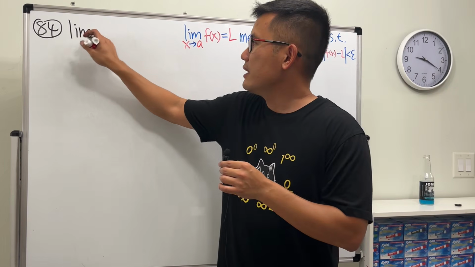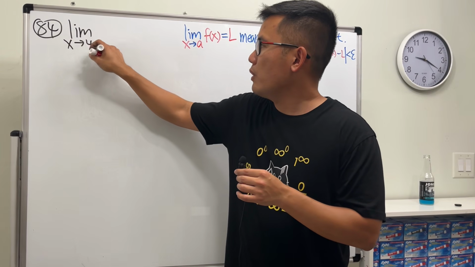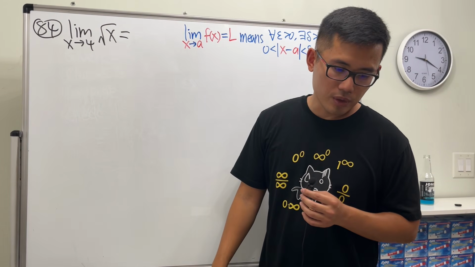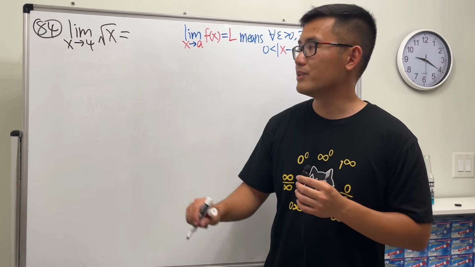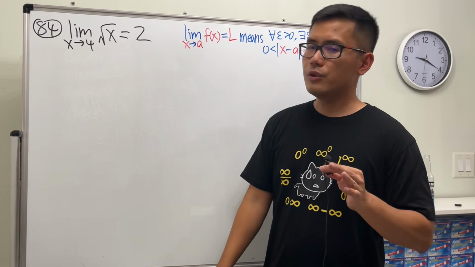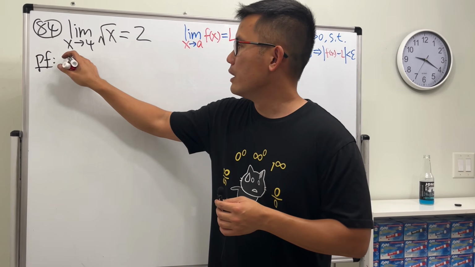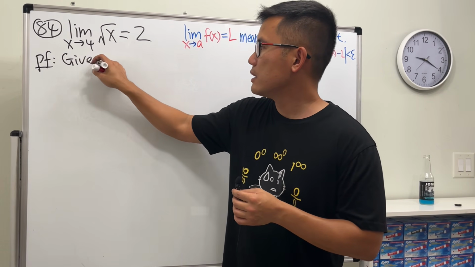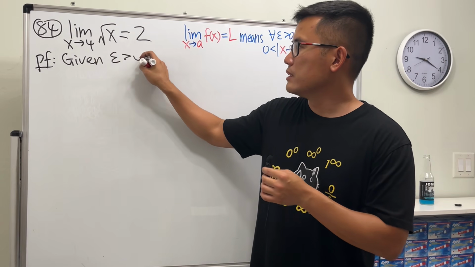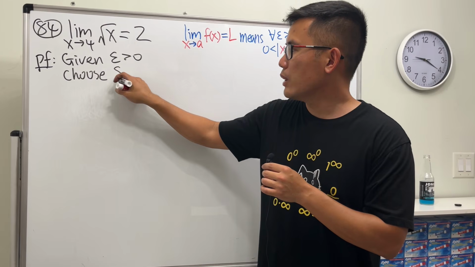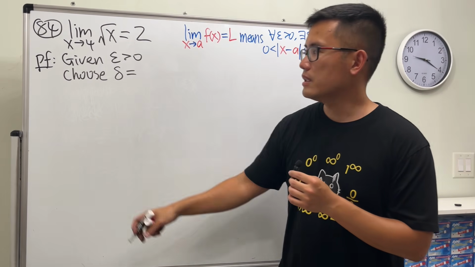Take the limit as x approaching 4 of the square root of x. Man, if it's a computational question, this is super easy, huh? Because the answer is just 2. But for proof, let's just go ahead and do it. Proof. Here we go. Given epsilon greater than 0. Next, we are going to choose delta. I don't know, just leave it.